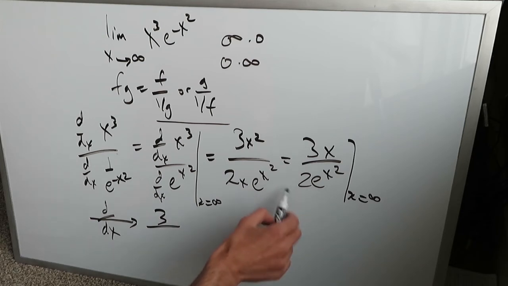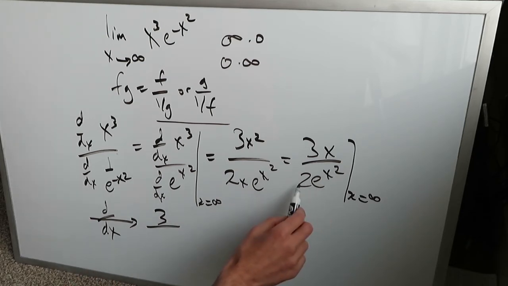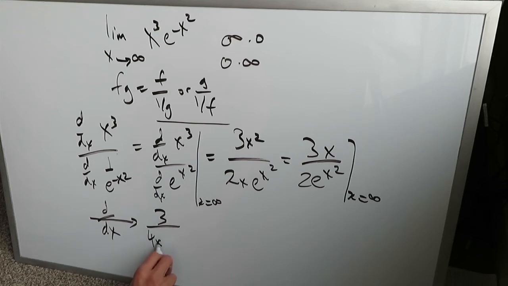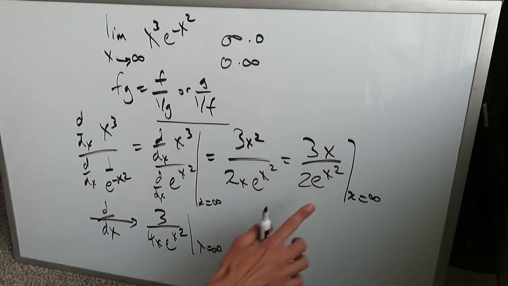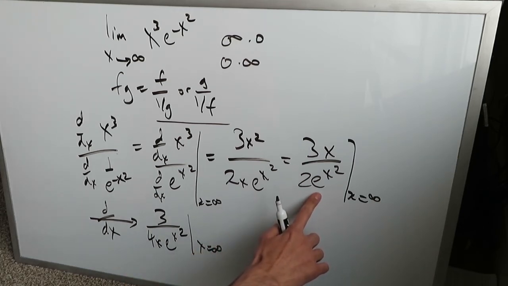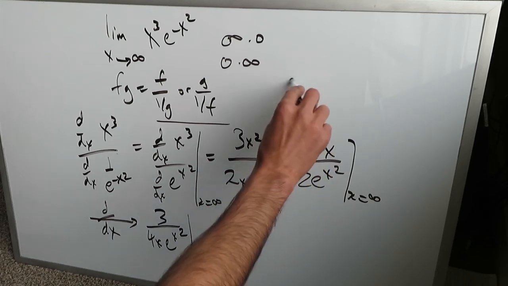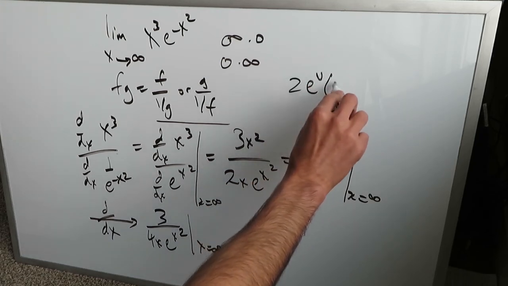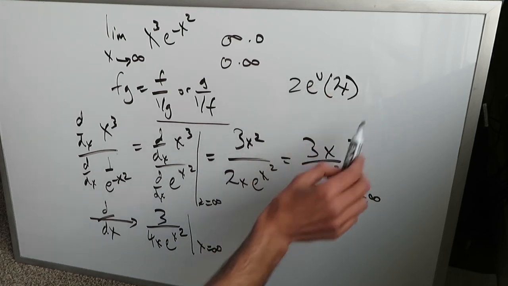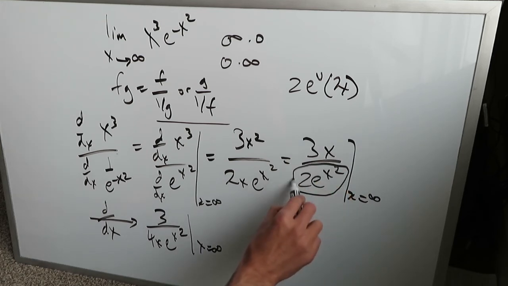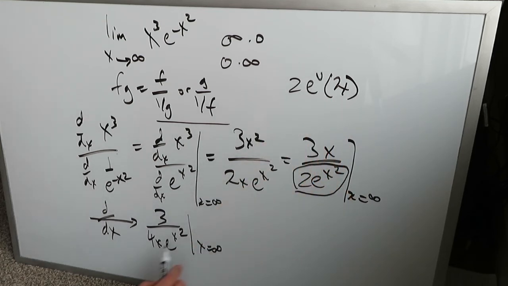Here in the denominator you have to do the chain rule again, but when you do it, you can do e to the u and then 2x multiplied by that 2, you get 4x e to the x squared, and then you can run this x equals infinity in the end. Remember, u equals x squared, you would have had 2 times e to the u times 2x. Here's what I'm doing in terms of the derivative of the chain rule. You have gotten 4x e to the x squared.